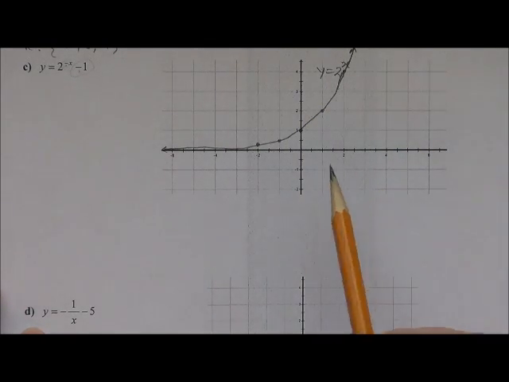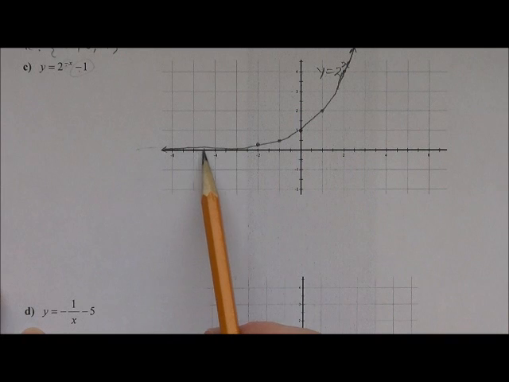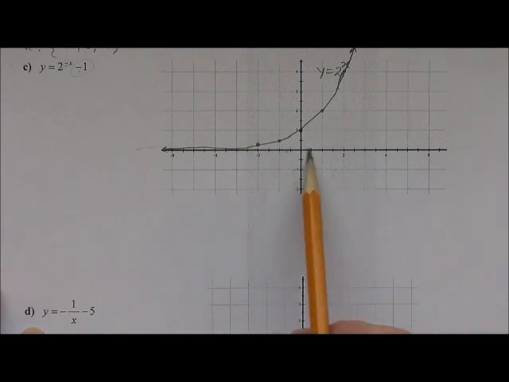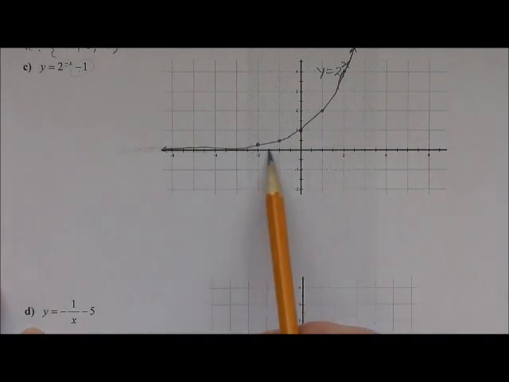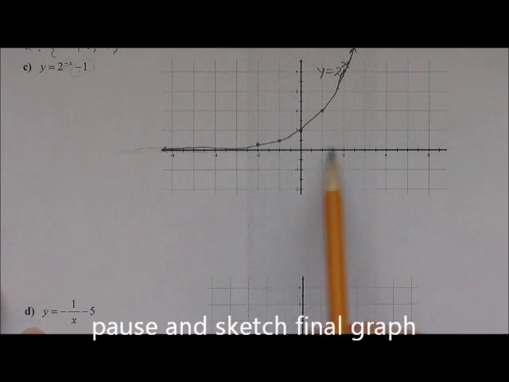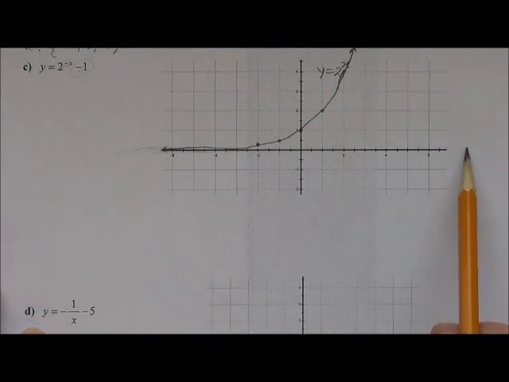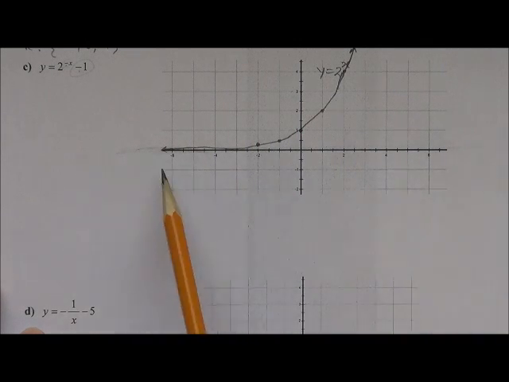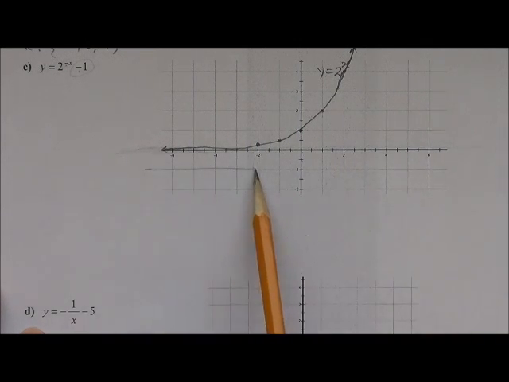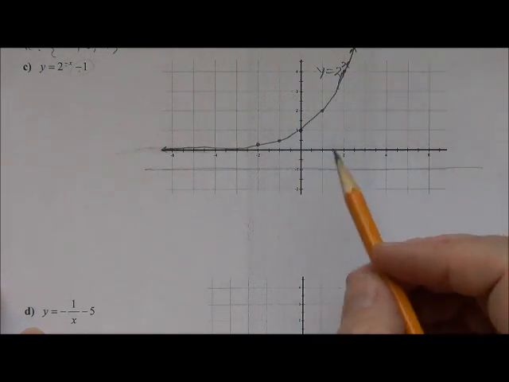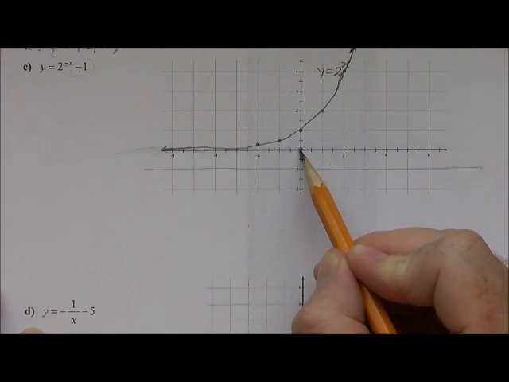So this line here, what's that called in terms of exponential functions? I know it's the x-axis, but in this case for the parent function, it's the horizontal asymptote. That horizontal asymptote moves down to negative 1, and all these other values get moved down and reversed.